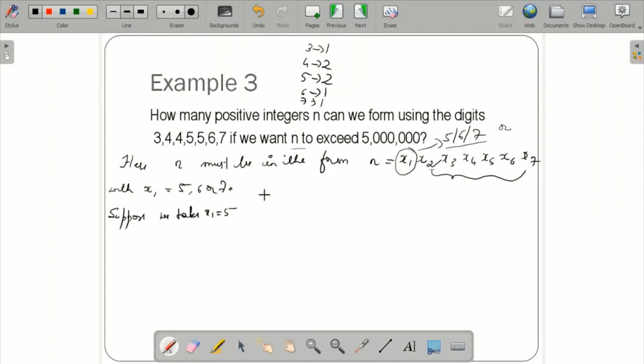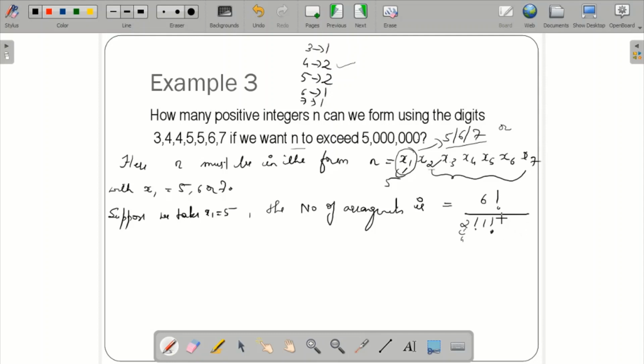The number of arrangements is 6 factorial. Check how many times each is repeated. I took one 5 fixed in the first position, so 4 is 2 times, 5 is left with 1.